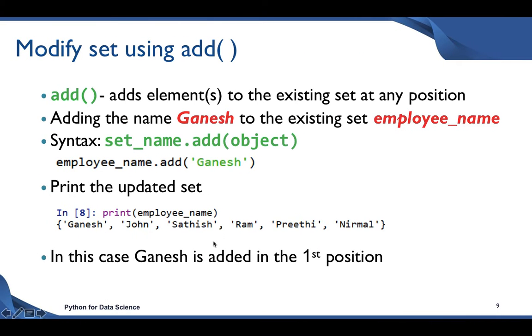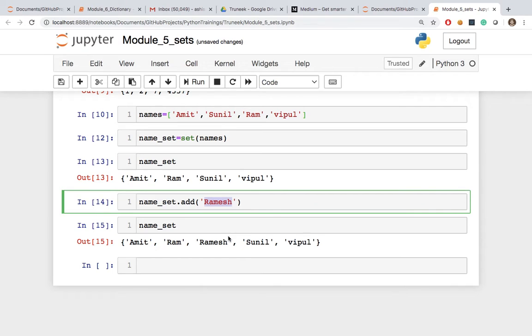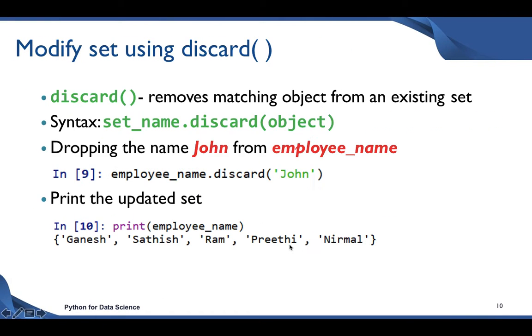But in the slide you could see that Ganesh was added at the first position. So this led to our conclusion that while adding anything to the set, its position is not fixed. It could randomly add any value at any position, right?